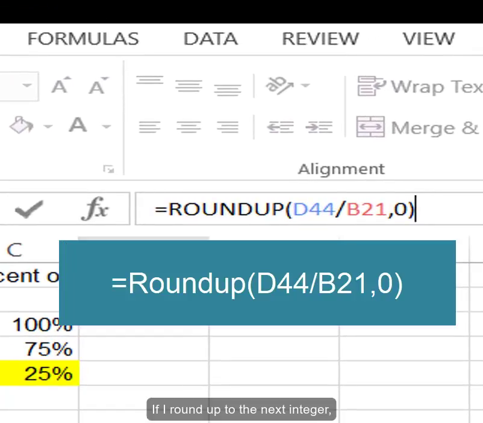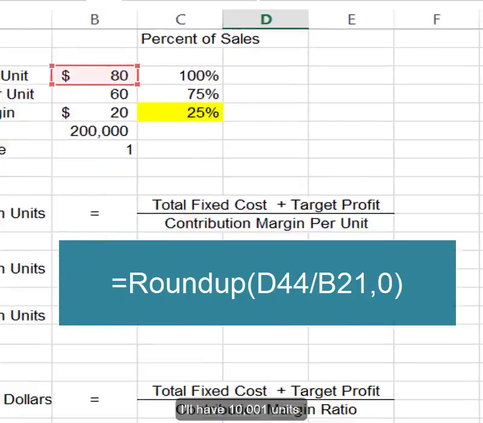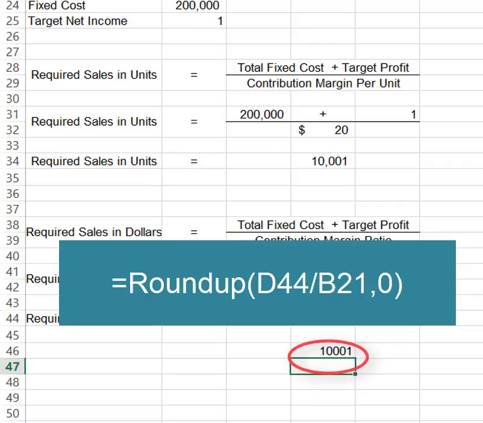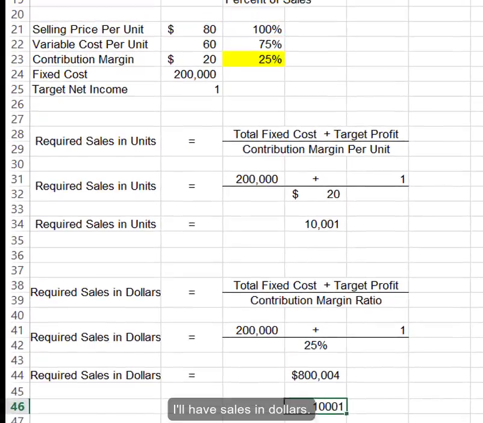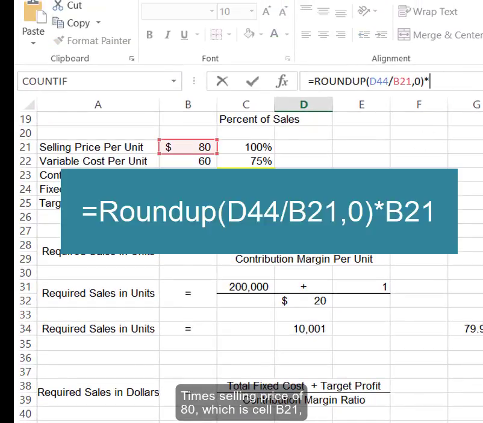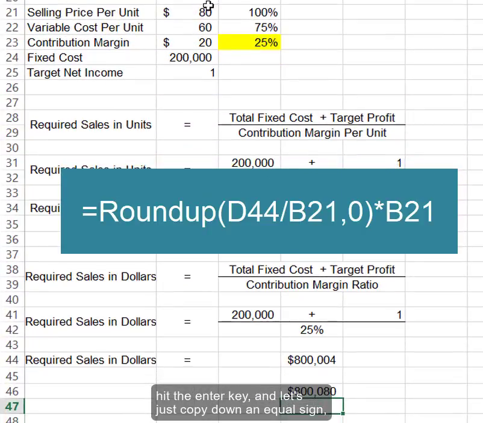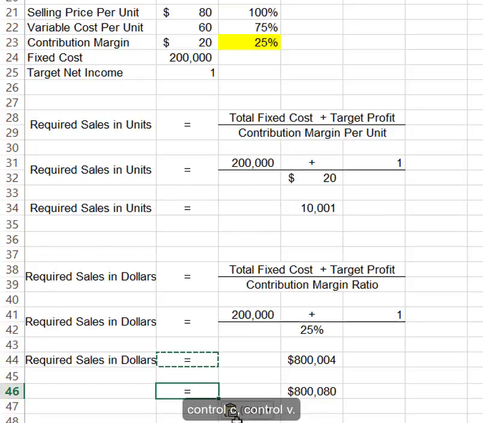If I round up to the next integer, I'll have 10,001 units. If I multiply that by the selling price of 80, which is the cell B21, hit the Enter key, and let's just copy down an equal sign, Control C, Control V.